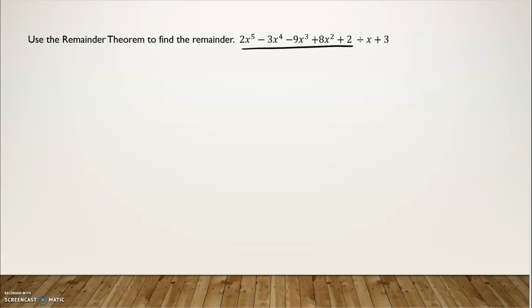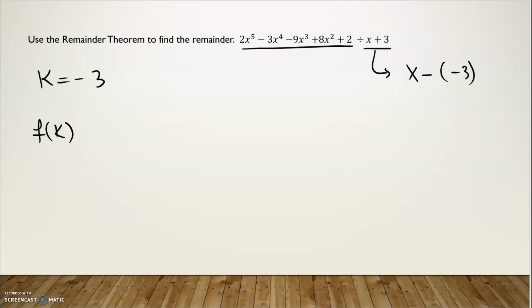So we have a polynomial divided by x plus 3. So k here, I need to rewrite this as x minus negative 3, so my k is negative 3.